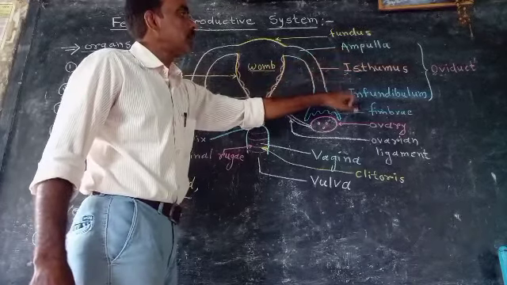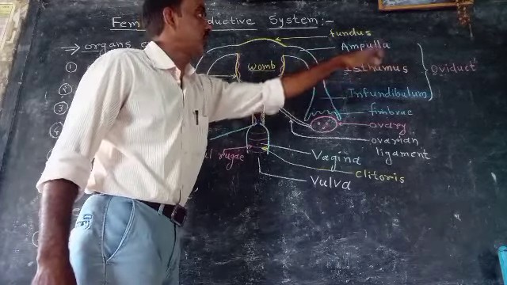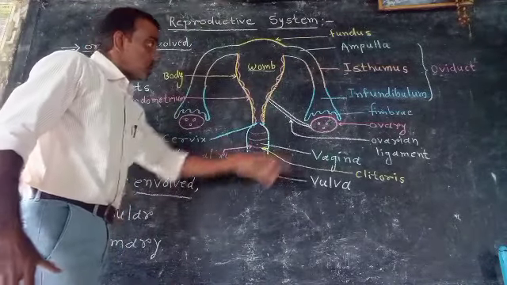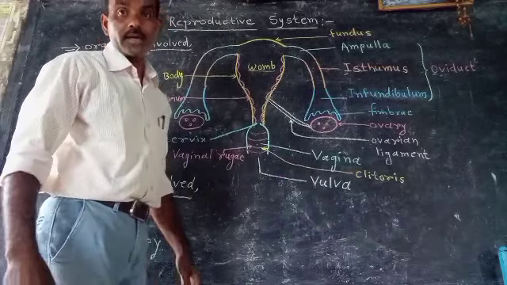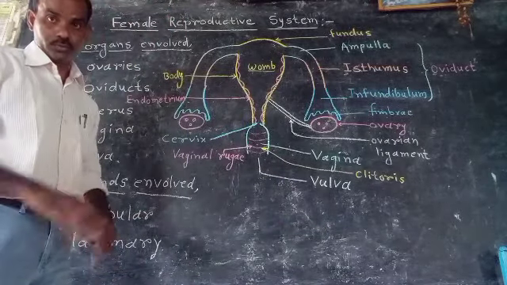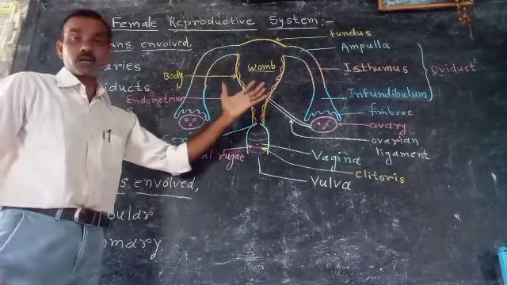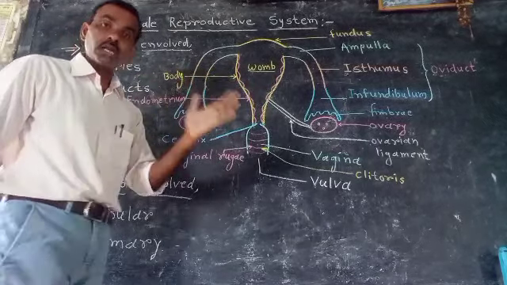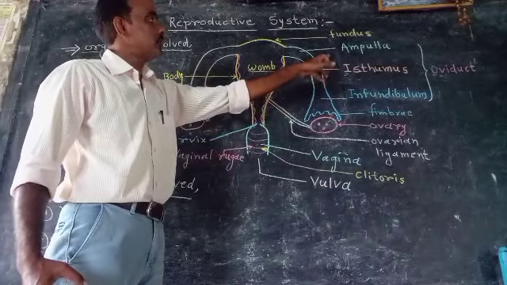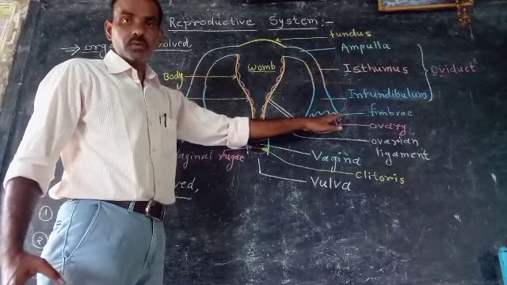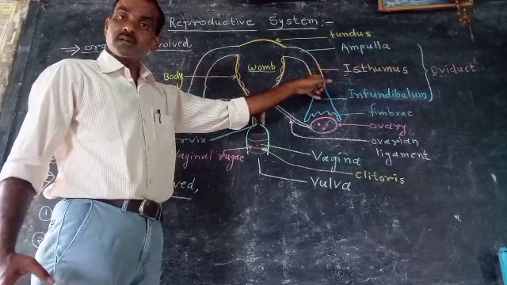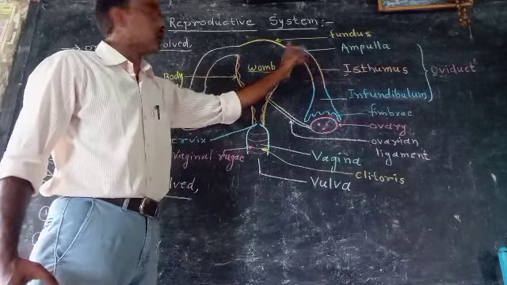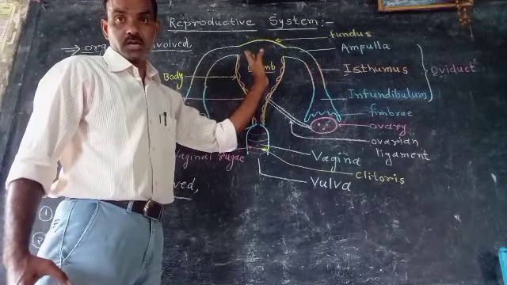Since the oviduct is a tubular organ, it is also called the fallopian tube. The infundibulum is towards the ovary, the isthmus is longest in the center, and the ampulla is towards the uterus.